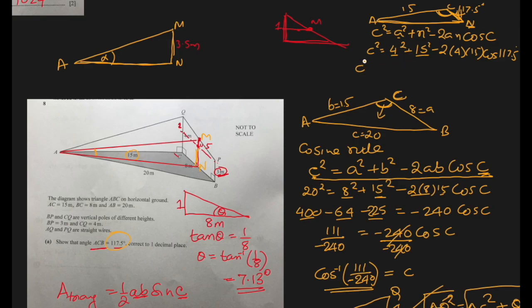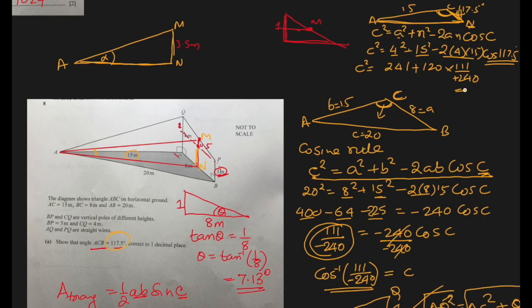So this is 16 plus 225, so C square equals 241 minus this. How much is this? 8 times 15, 120. And cos 117.5 was already here. This was cos C, isn't it? So we will multiply it by minus 0.4111, and this minus will make it positive.